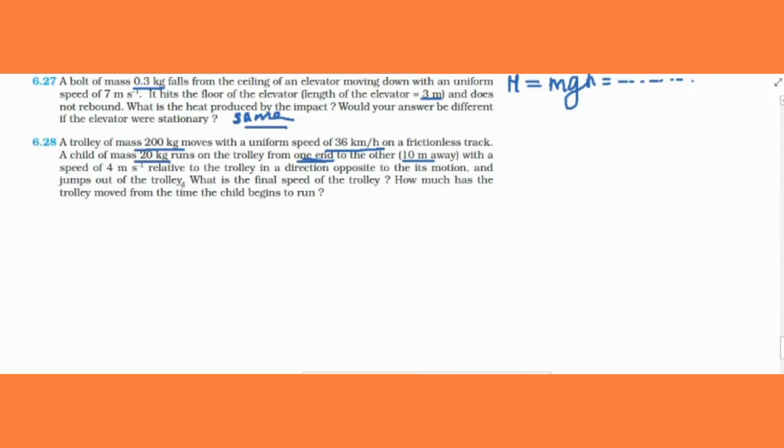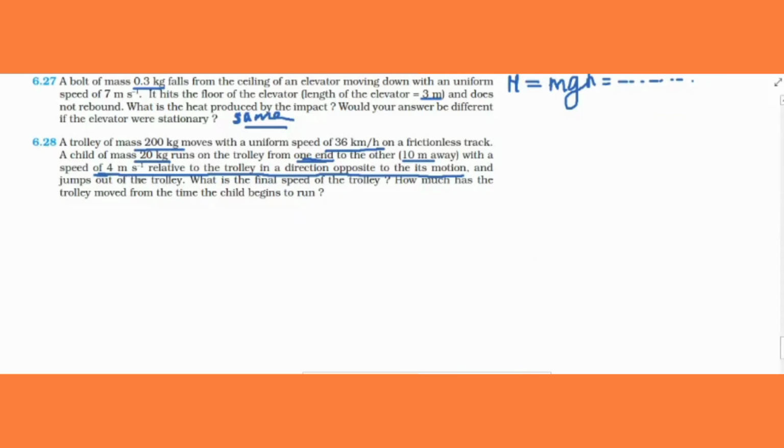The child runs with a speed of 4 meter per second relative to the trolley in a direction opposite to its motion. That you have to note very carefully. This is relative velocity: 4 meter per second relative to the trolley means the velocity of the child with respect to the trolley in the opposite direction, and the child jumps out from the trolley. What is the final speed of the trolley, and how much has the trolley moved from the time the child begins to run? So that's the question.